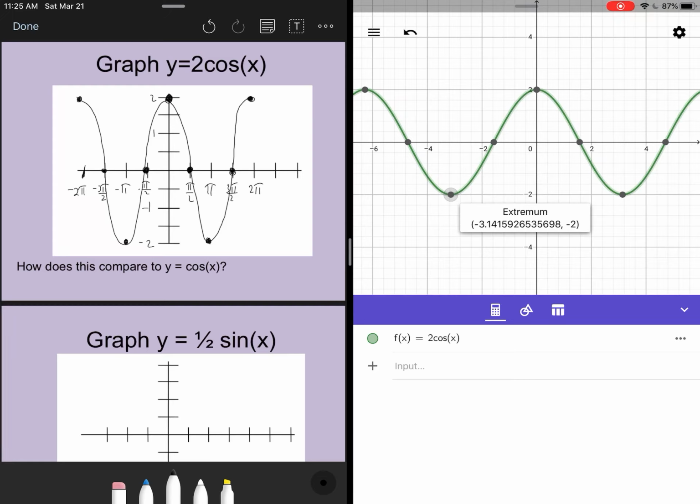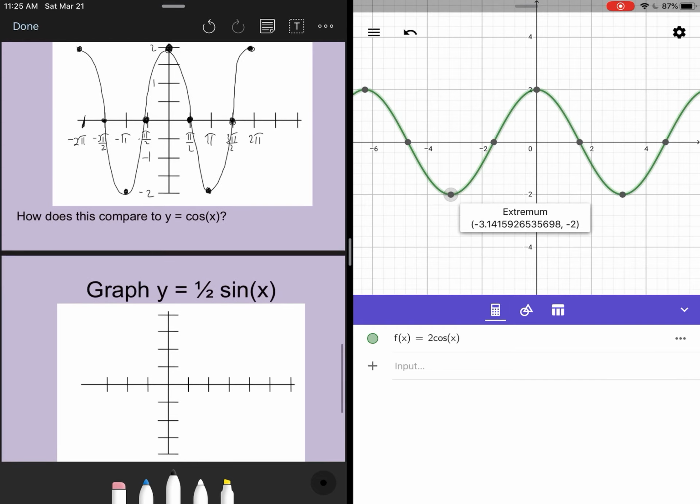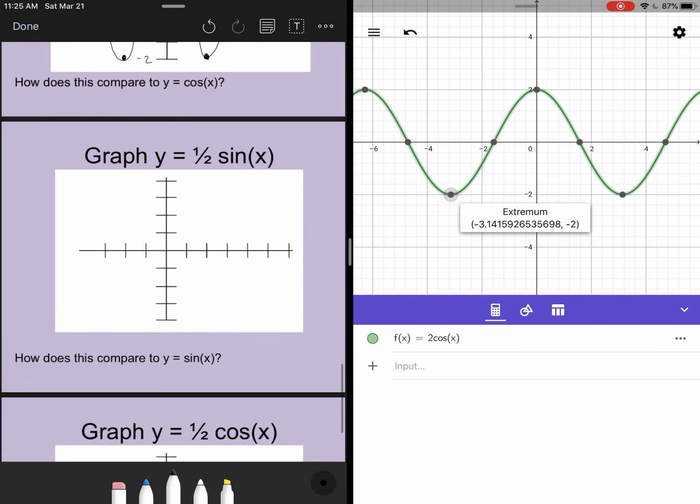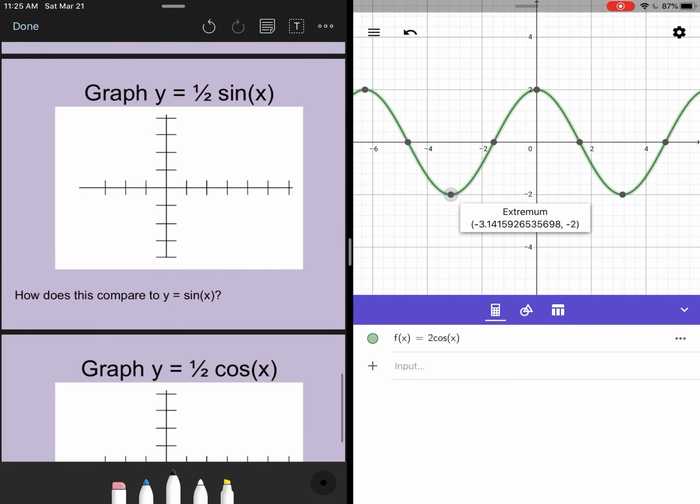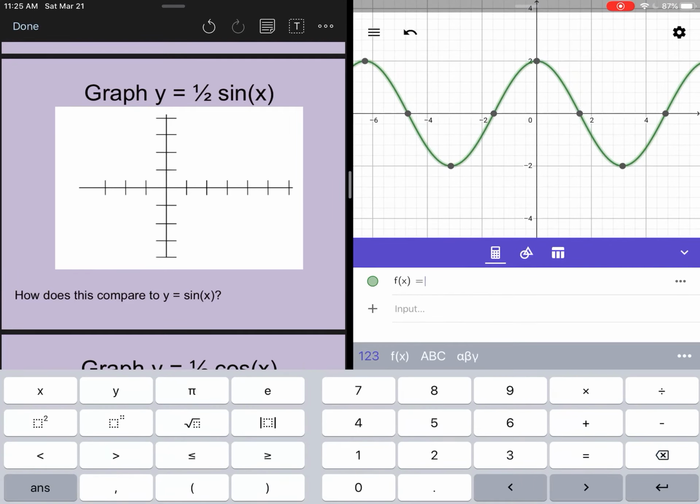Remember when we multiplied by a number, like if we took a quadratic equation like y equals x squared and multiplied that by 2 to make it 2x squared, then the graph became narrower, okay? And when we multiplied it by a fraction such as 1/2, what happened? It became wider, okay? What do you think is going to happen here when we go to the next one? Y equals 1/2 sine of x.